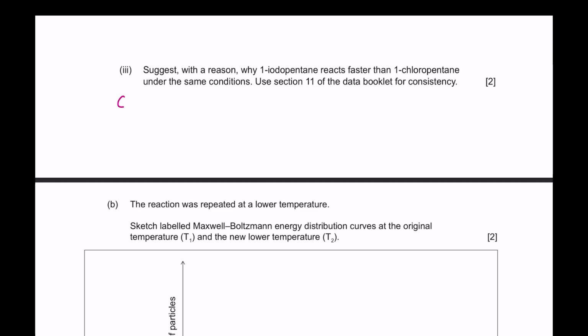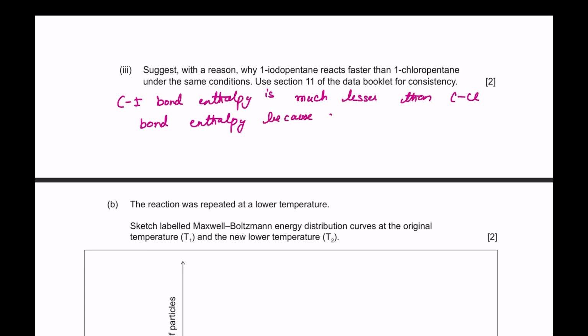So here it goes. C-I bond enthalpy is much lesser than C-Cl bond enthalpy, because of the bigger size of iodine.